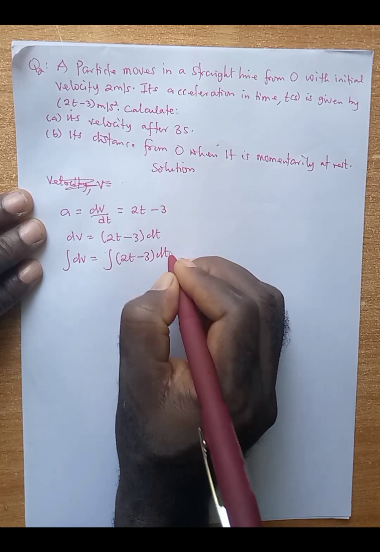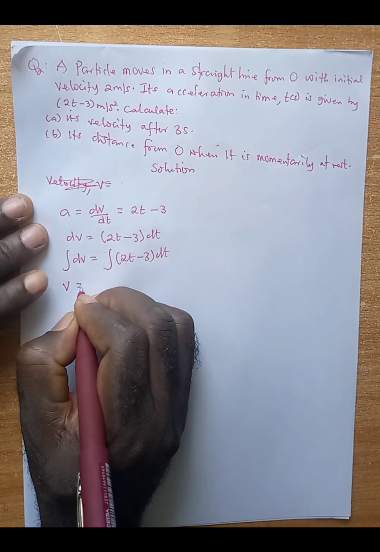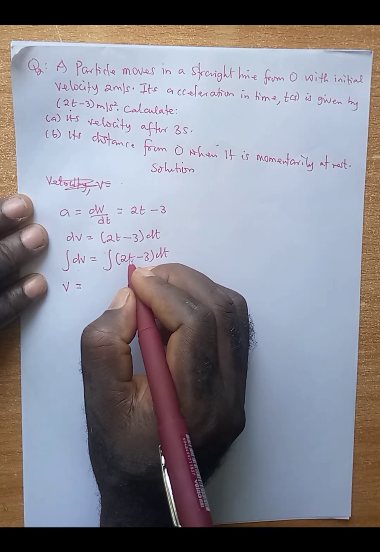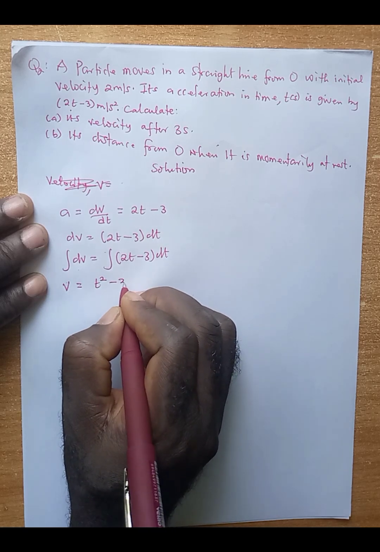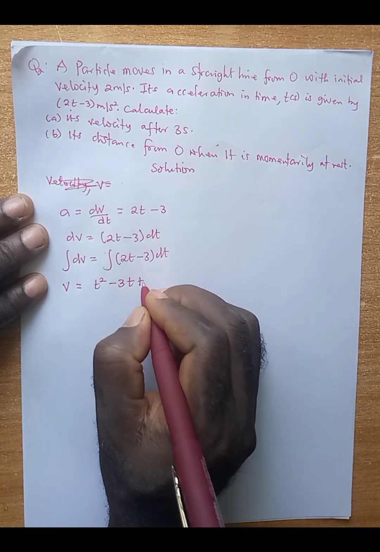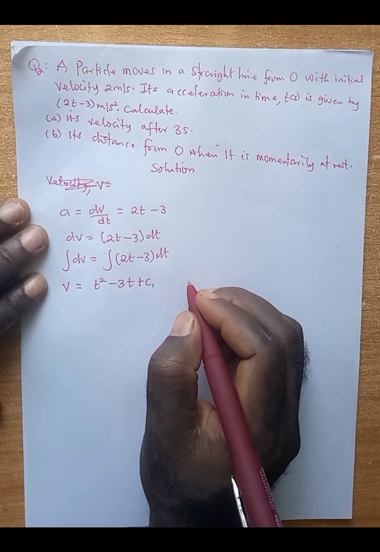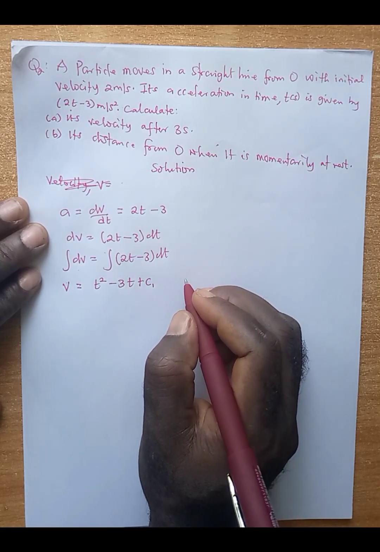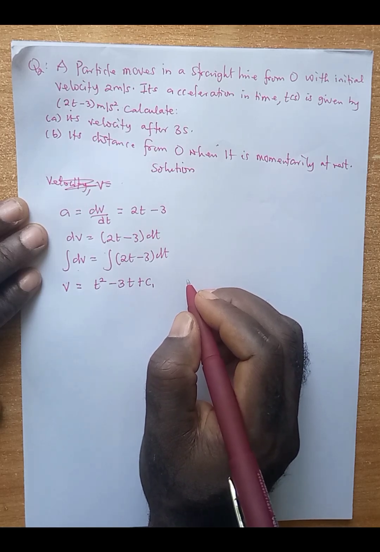Now when we integrate dv, it's going to give us the velocity. When we integrate this one, it's going to give us t squared minus 3t plus c1, where our c1 is the first constant of integration that we can obtain from the initial condition given to us in the equation.